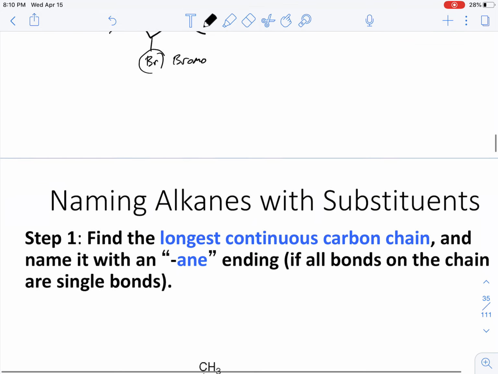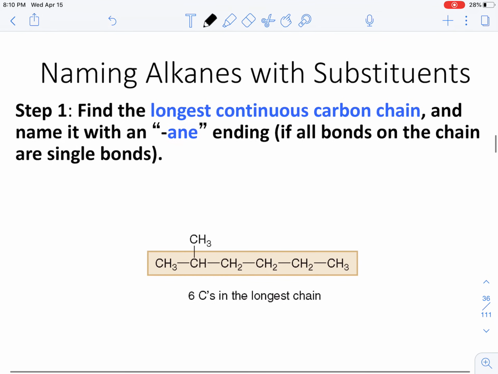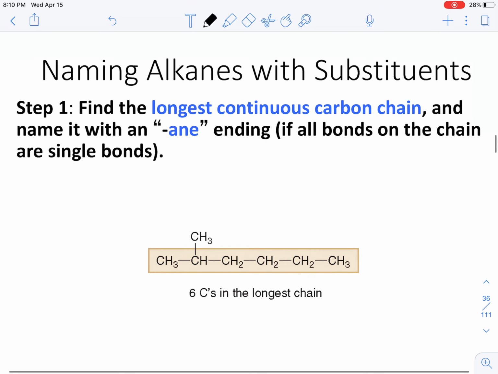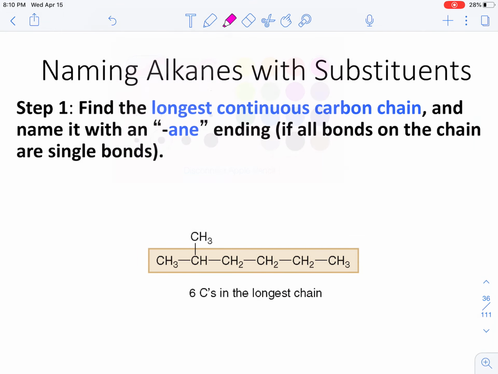Now that we have all of the foundations in place, let's go ahead and start. We are going to learn how to name alkanes with substituents.